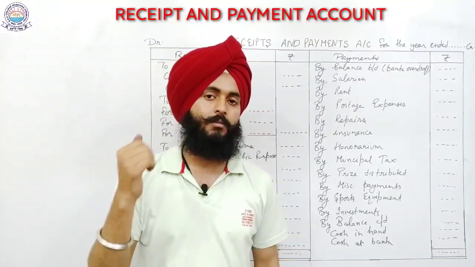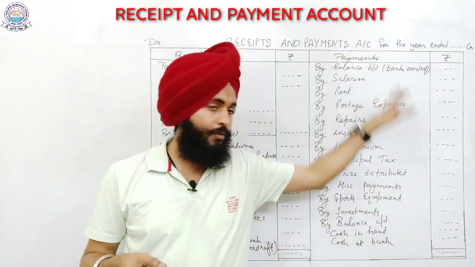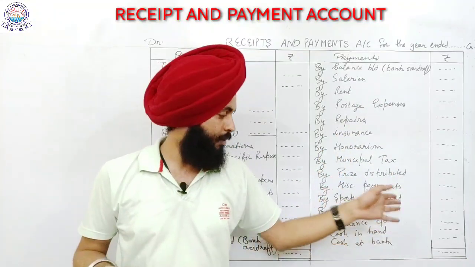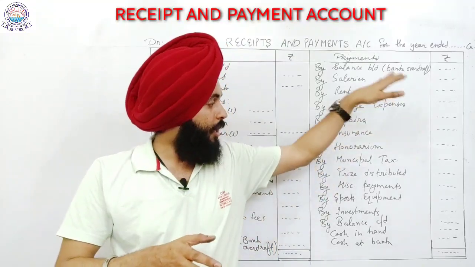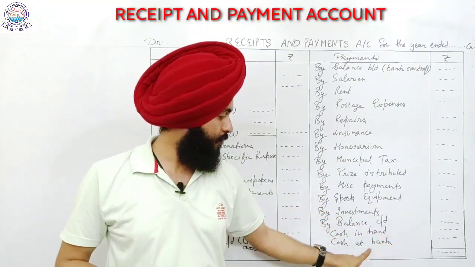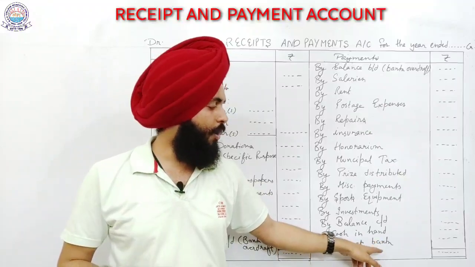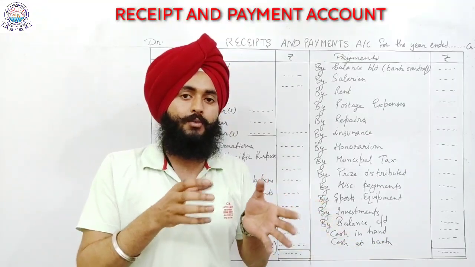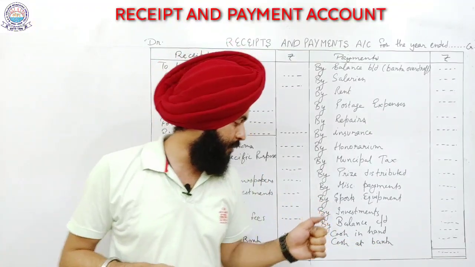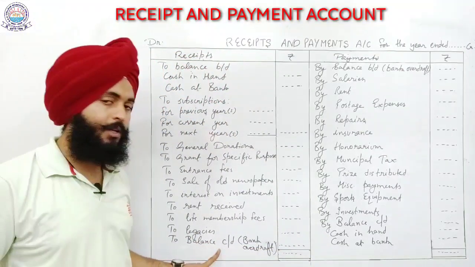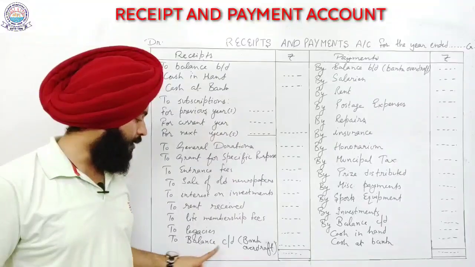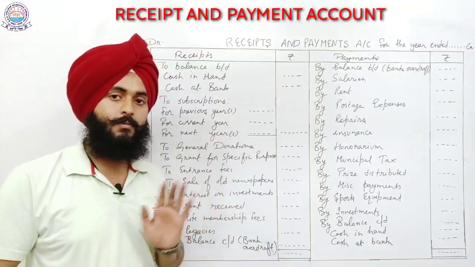Total of this side, then subtract the total of this side, and we will get a balance. And in banking transactions, you will come to know, if there is an overdraft balance, it will be carried down and recorded here: balance carried down, bank overdraft.